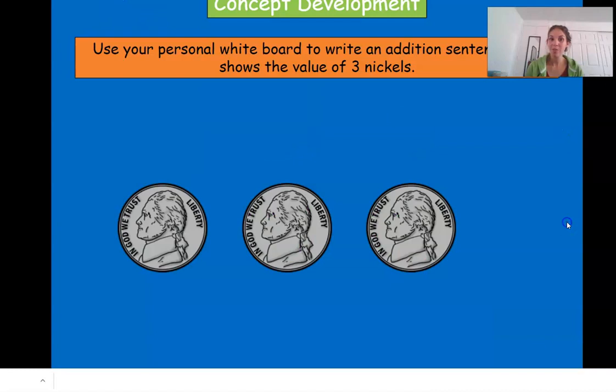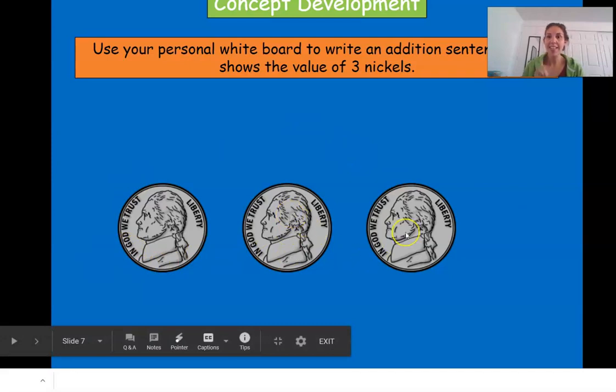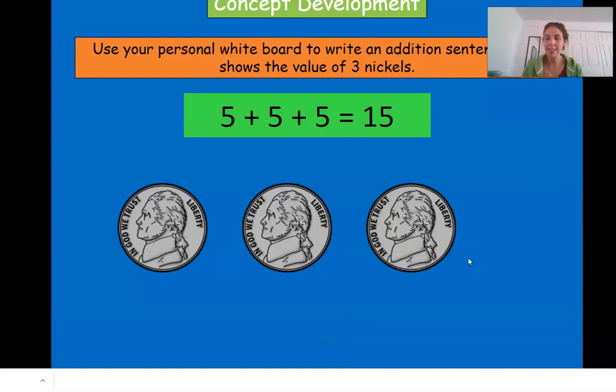So now, let's look at these coins. If you have paper and something to write with in front of you, then you can write down this addition sentence. Otherwise, just follow along here. So we have 3 nickels, and they are worth 5 cents each. So we have 5, 10, 15. If you count by 5s, there's 3 of them, so 3 5s, you say 5, 10, 15.